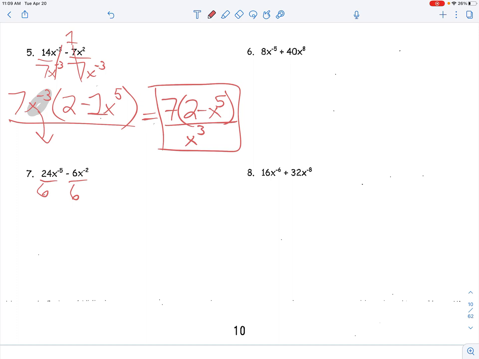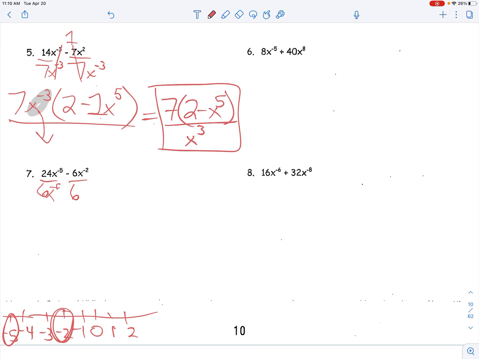Which one's smaller? Is negative 5 smaller than negative 2? Or is negative 2 smaller than negative 5, right? Put it on that number line if you need to. Further left you go, the smaller the number gets, right? Negative 5 is smaller than negative 2.